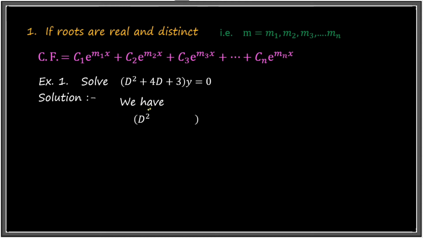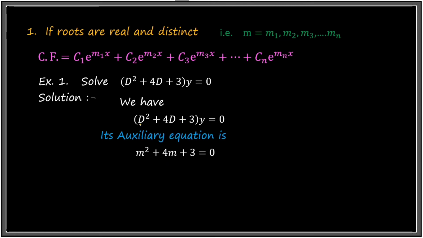The solution here is, we have the differential equation, then its auxiliary equation is m square plus 4m plus 3 equals 0. Now the factors. From factors we calculate the roots, that is minus 3 and minus 1. So minus 3 and minus 1 are real and different, means distinct.